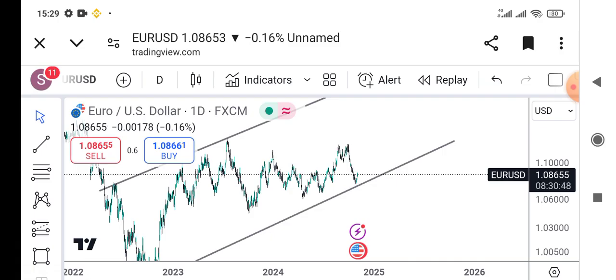So those are very significant levels, or we call them support and resistance levels. So now we are inside this corrective channel.